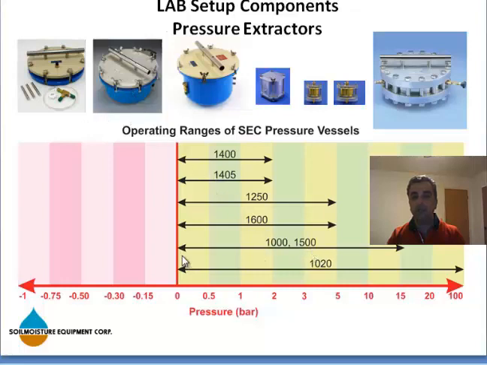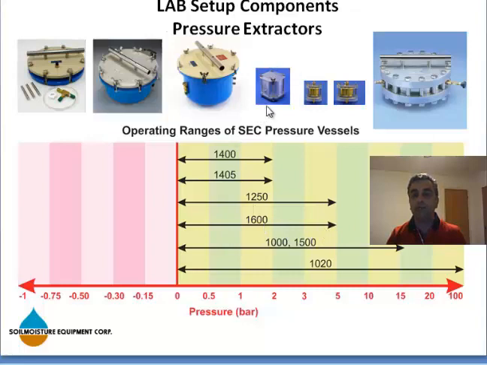For 1000 and 1500, the range of application is from 0 to 15 bar. The 1000 extractor is used for shrinking-swelling clay, and you saw the picture in the previous slides. 1500 is for, quote unquote, regular soils, and here I have 1600, whose range of application is from 0 to 5 bar, as you can see here.